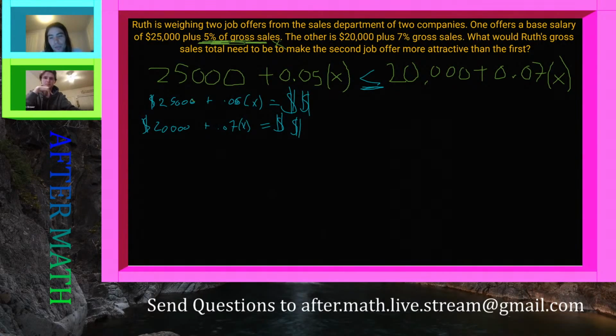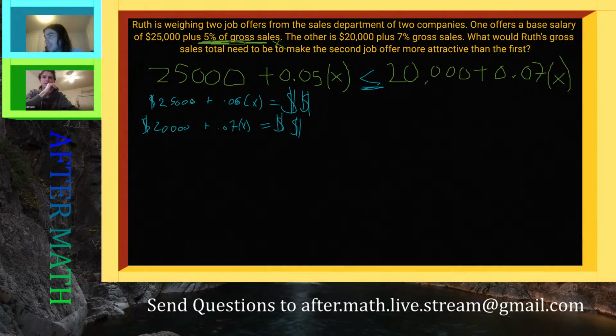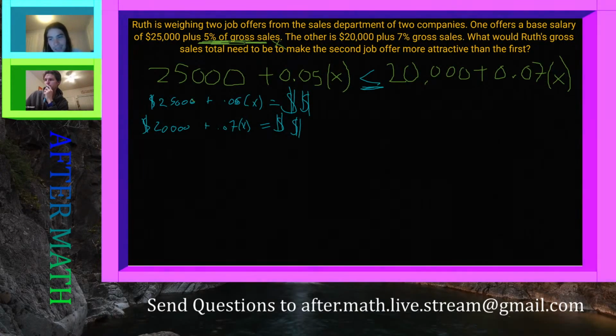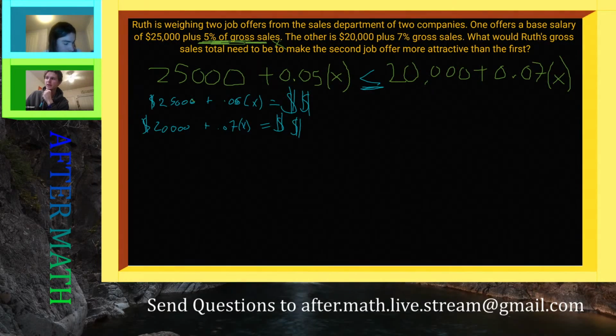So first thing we want to do, Jaden, is combine like terms, right? We have a constant, which is the numbers that aren't changing, and then we have the x's. So we try to get the x's on one side of the equation, and just the constants, the normal numbers, on the other side. We can do this multiple ways.